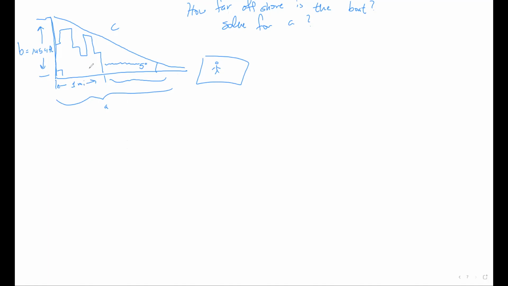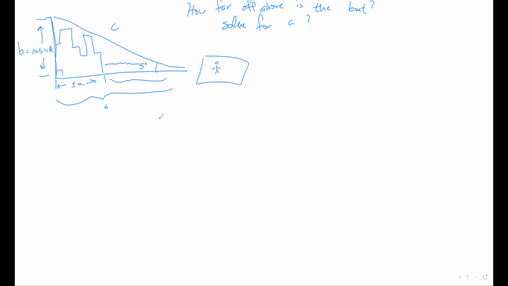Okay, so we don't know anything about C. Not yet. I don't think they'll give us any other information. They don't tell us how long C is. We just know this. So what other information do we know? We have this here.